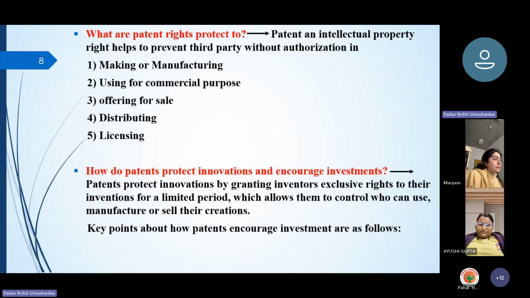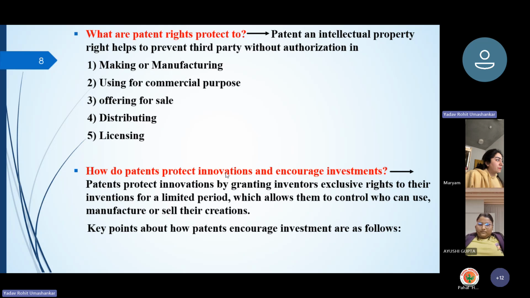A third party cannot, without taking authorization from the patentee, manufacture on a commercial basis, or sell your patent, or distribute or license it. All these things come under the patent law, which protects the patentee from any third party misusing your invention.